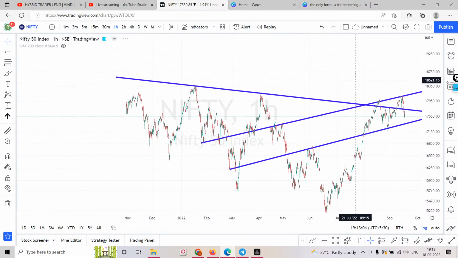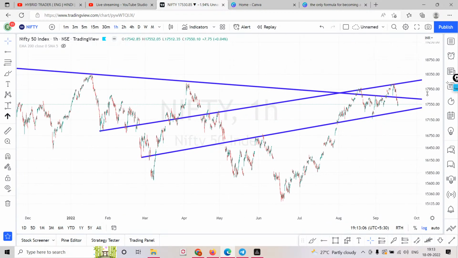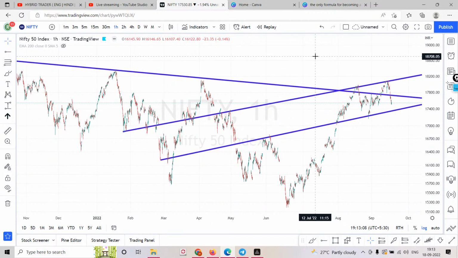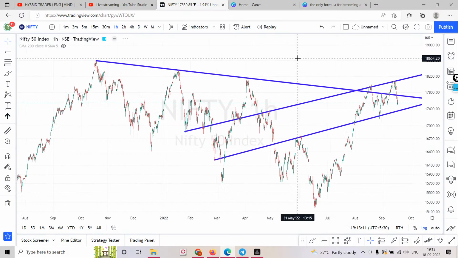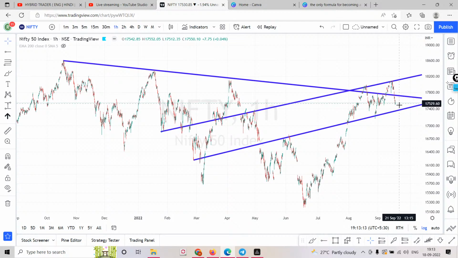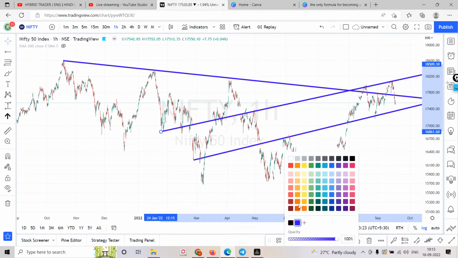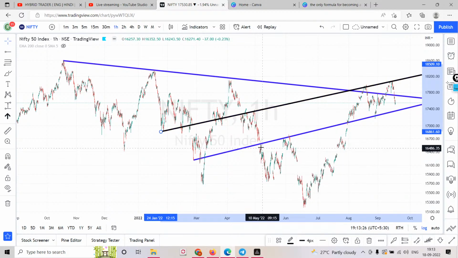If you look at the Nifty view, this is a very important chart. My view is that unless and until Nifty breaks this blue color trend line, let me make it black so that you'll get to know.